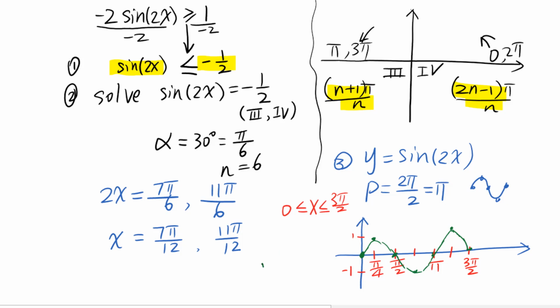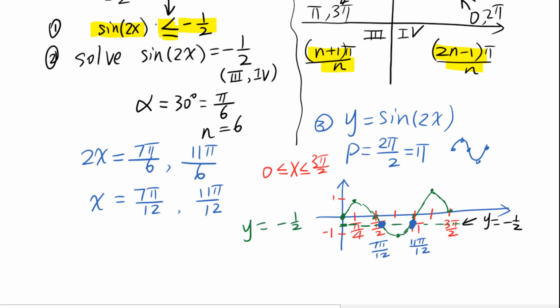Then we need to draw y equals negative 1 over 2. This is negative 1 over 2. Since sine 2x is less than or equal to negative 1 over 2, less than or equal to means these two intersections are closed.